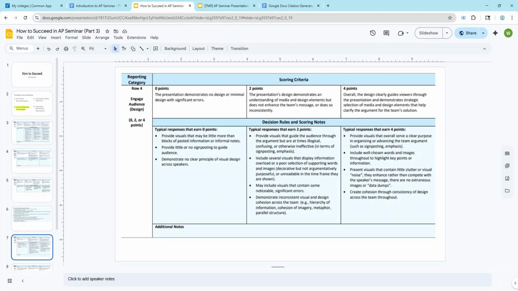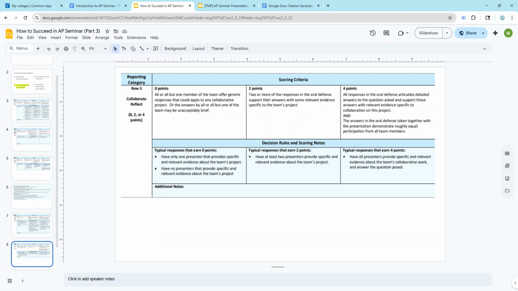Make your slides concise with bullet points, with relevant images and relevant data. Of course, your slides must have in-text citations and straightforward headings. You want to create cohesion through consistency of design across the team throughout.